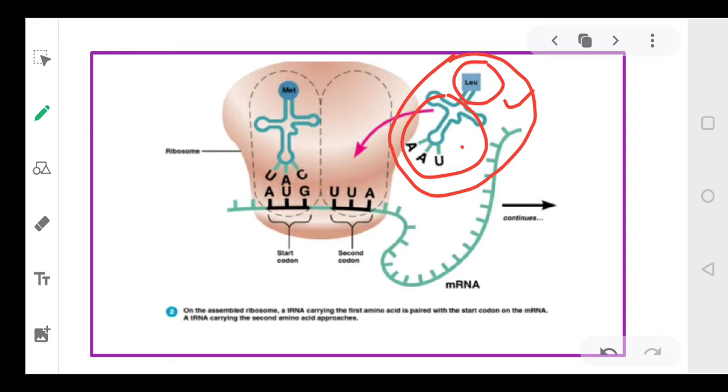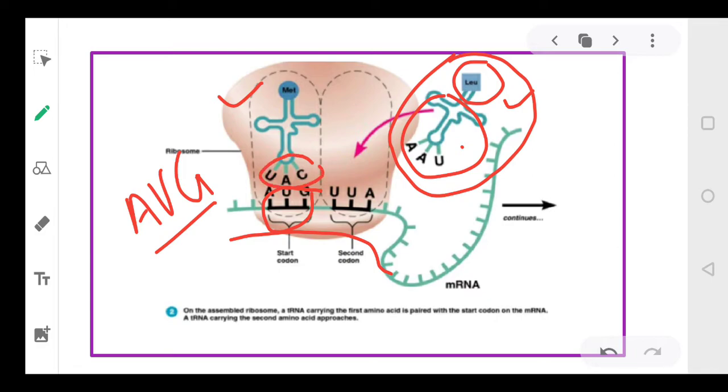Now the initiation process will always start with the AUG codon. This is your mRNA and this is your codon AUG, which is called your initiation codon. This will pair with the anticodon present on the tRNA, and we will have the amino acid methionine here.